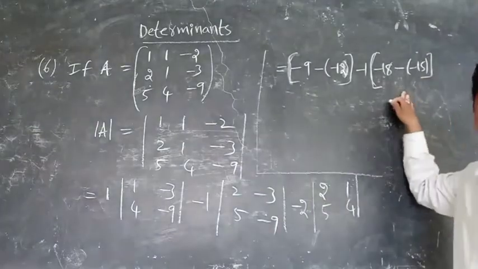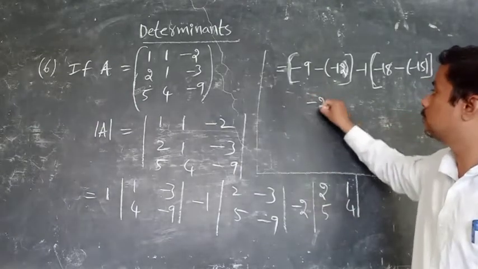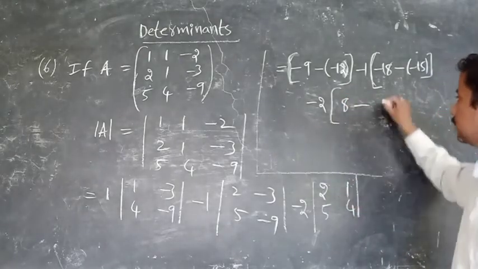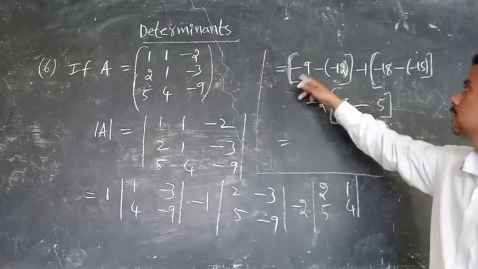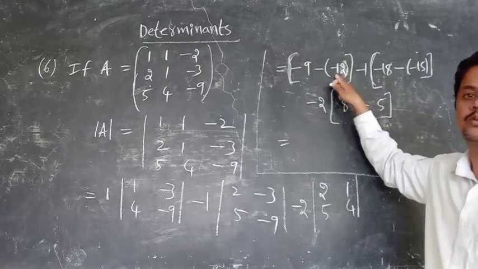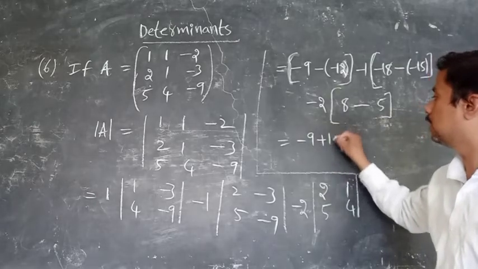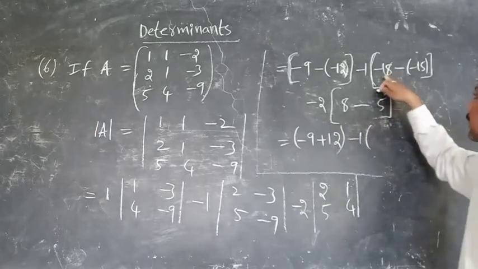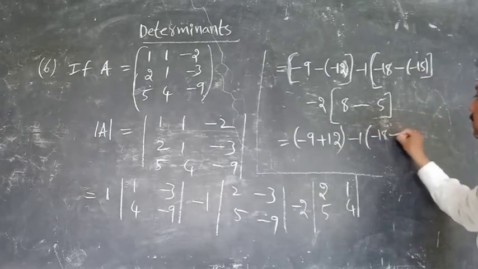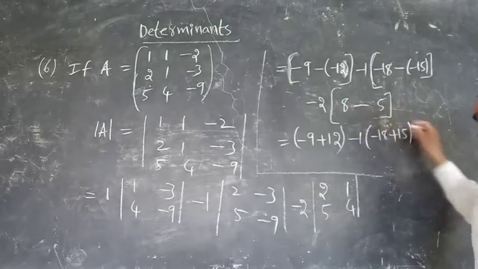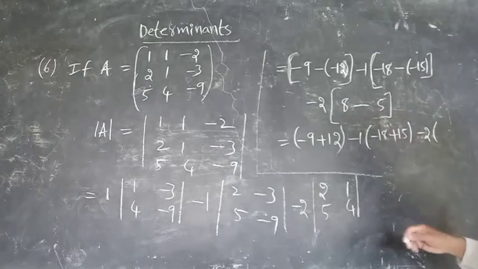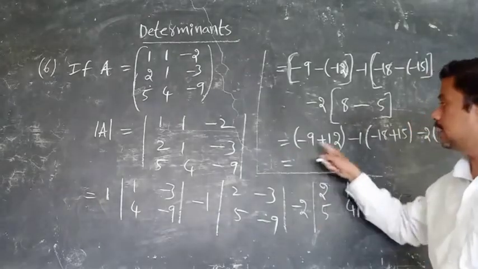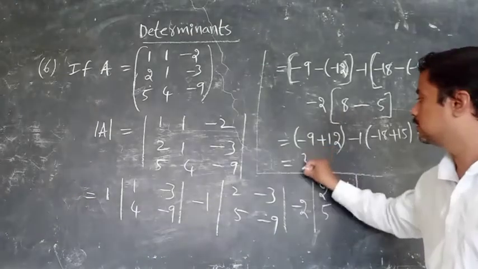See, this one is over. Next we'll see this one: minus 2 into 2 4s are 8 minus 5 3s. Simplify this one: minus 9 minus of minus 12, plus 12, so minus 9 plus 12, which is 3.